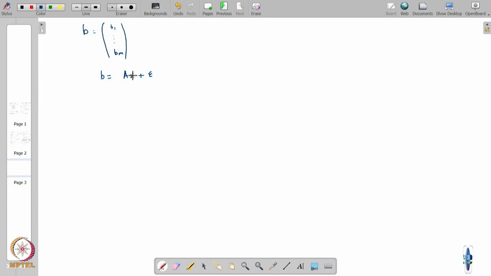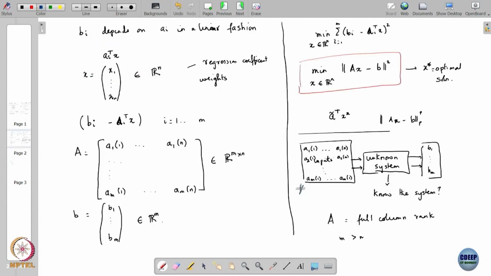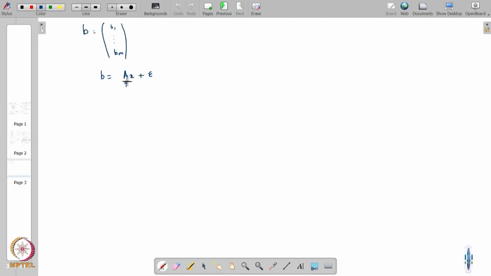What we do not know is x. You provided these inputs, that is your matrix A here. You got these outputs or measurements b here, and we know that b and A are related in this way. b is equal to Ax, but there is some measurement noise involved, which is epsilon.